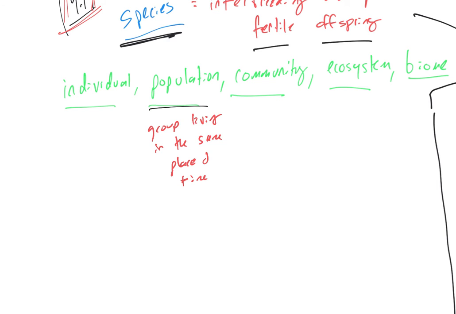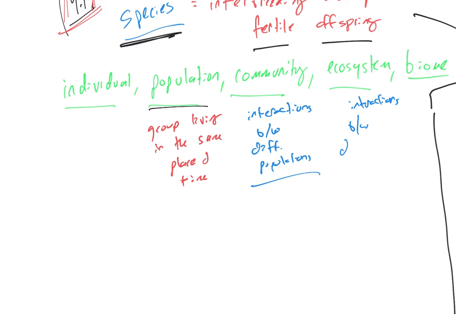Community is the interactions between different populations. The ecosystem is the interactions between different populations.